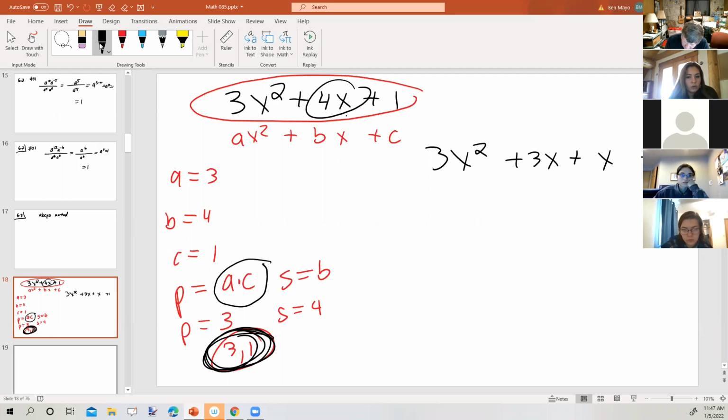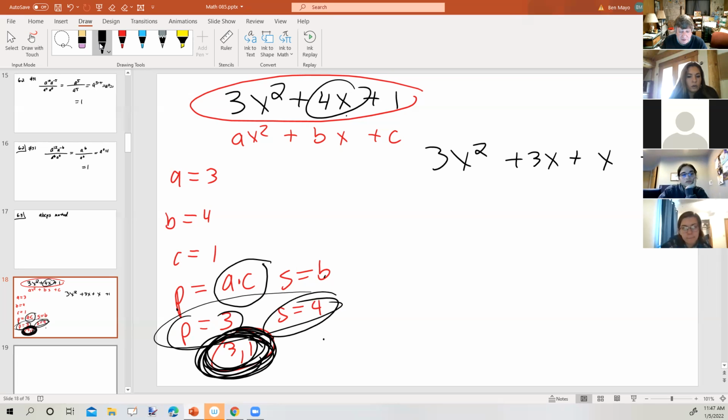Oh, well, these two numbers that are the result of this process, yes. The product is always a times c, the sum is always b, but these two numbers we find, yes, they go in the middle. But these two numbers have to meet these two conditions. You following? Yeah. Okay, all right.